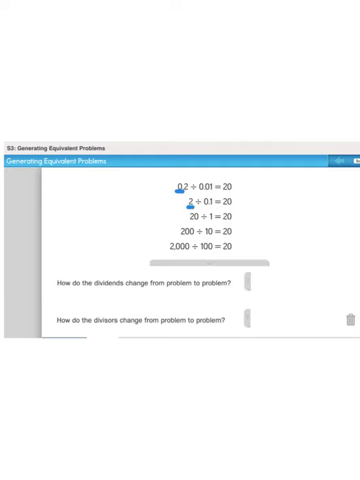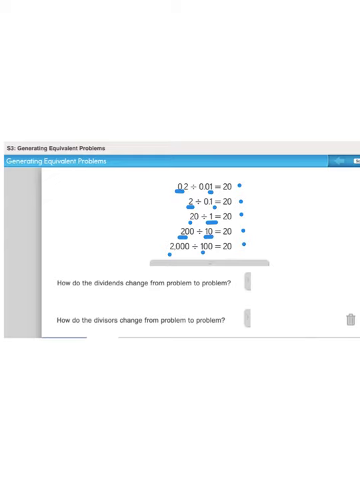They each have a 2 in the dividend, and they all have a 1 in the divisor. You can see that in each one of those. But the decimal point is in different places. All of the problems have the same quotient or the same answer. You can see here the answer to each one of these is 20.